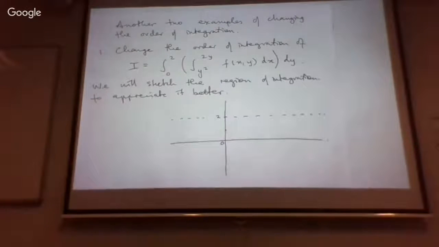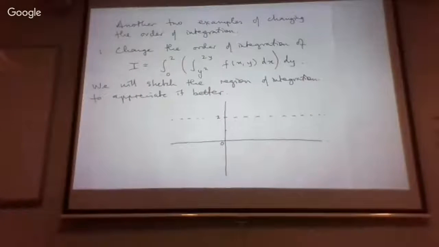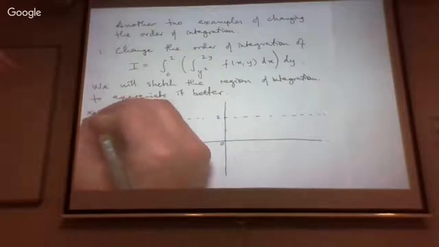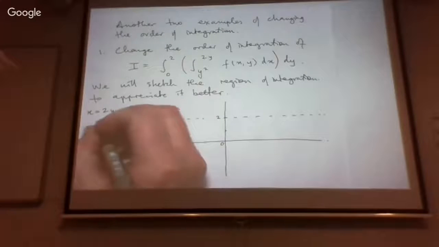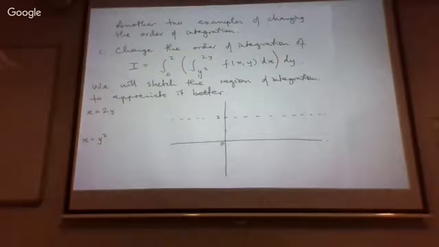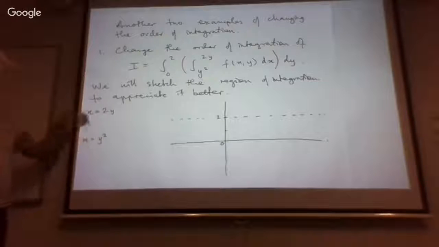But then for each given value of y, the x integral begins at y squared and ends at 2y. So these two values, x equals 2y and x equals y squared, both describe curves in the plane, and they provide the starting and ending values for the x integral.